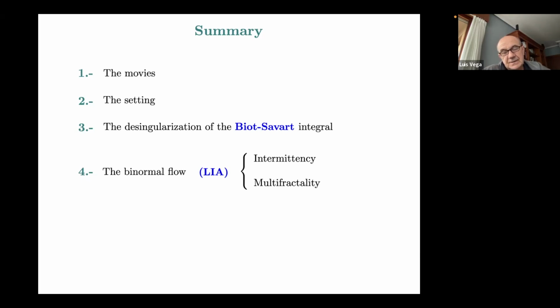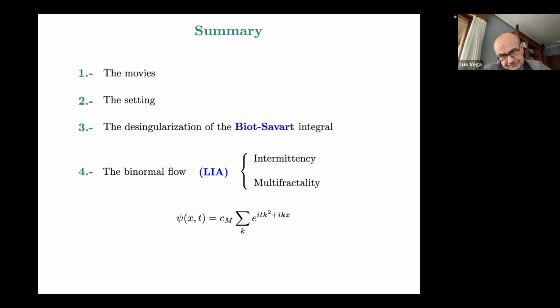So this jump we don't know how to make yet, but it is a widely open question. I would say it's a very interesting question. I don't know the answer. I will give you some hints of what I expect the answer to be, but whatever the answer is, I am pretty much convinced that it will be interesting.